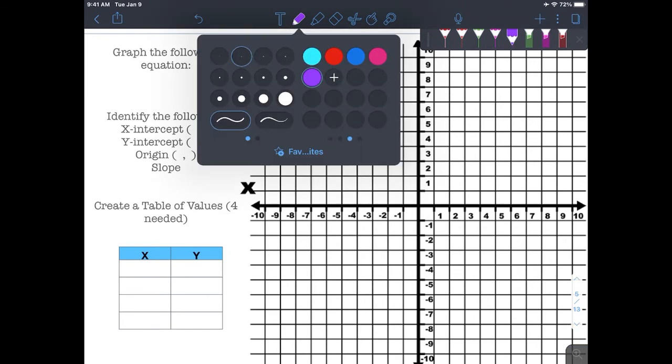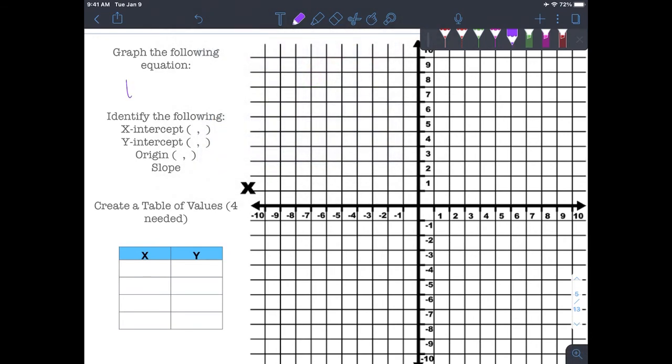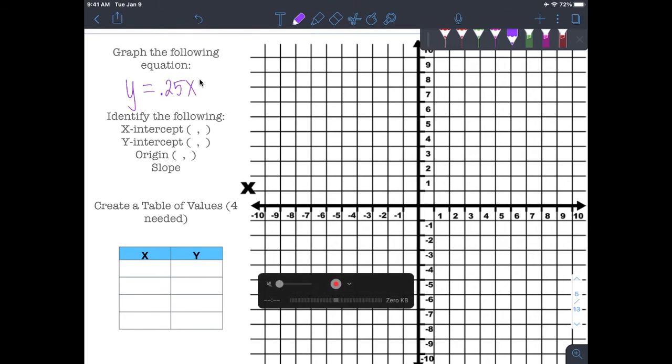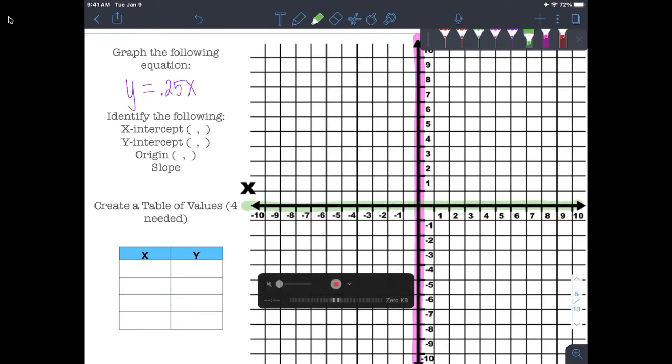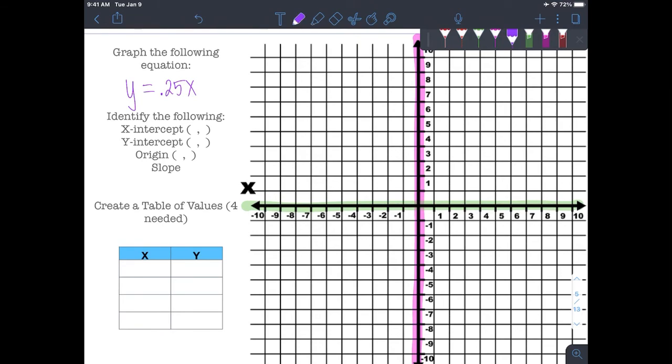So next one I want to go through is y equals 0.25x. So first thing I notice is it doesn't have a y-intercept. So I have no idea where to plot this on my line. Well, I see that there's nothing there, and the number for nothing is 0.